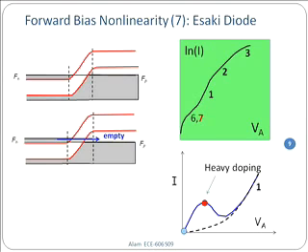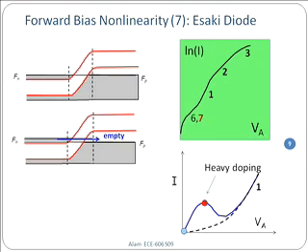When the electron Fermi level moves up a little, the electrons above the conduction band edge on the left-hand side will now find empty space on the right-hand side. Why empty? Because it's full of holes, right? Remember, anything below the Fermi level on the p side is full of holes. Holes are the absence of electrons. So electrons from the left-hand side will now be able to come through and contribute to the current.